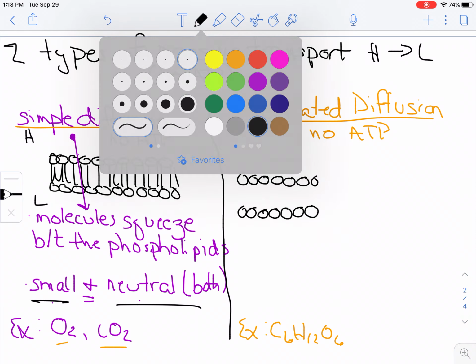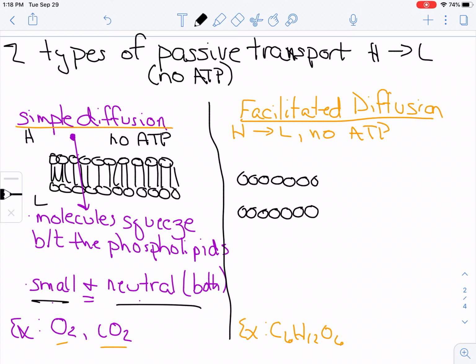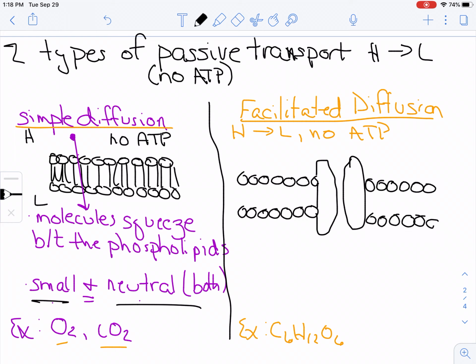In order for it to pass, there are proteins that are embedded inside the cell membrane. Here's my cell membrane. This C6H12O6, this glucose, is way too big to squeeze between these phospholipids.